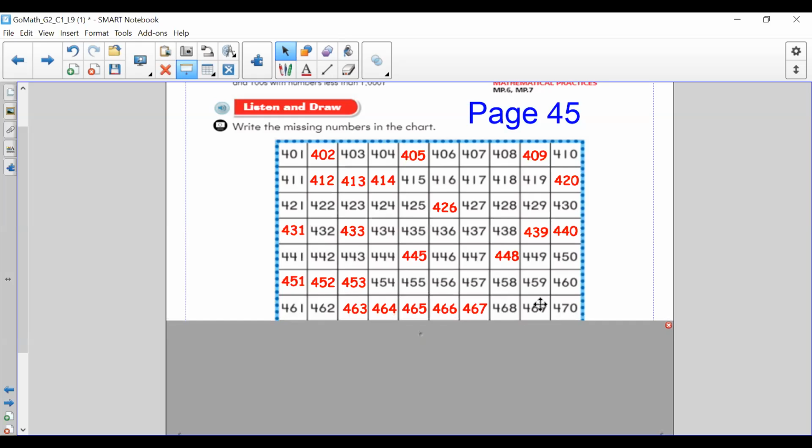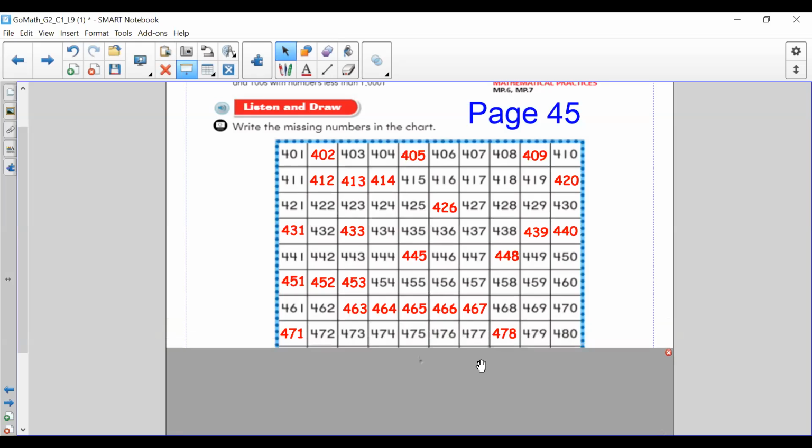And then when we get to the 460s, see how it says 61, 62, 63, 64, 65, 66, 67. The only difference is that we put a 4 in front to make it in the 400s. We have a 4 in the hundreds place.